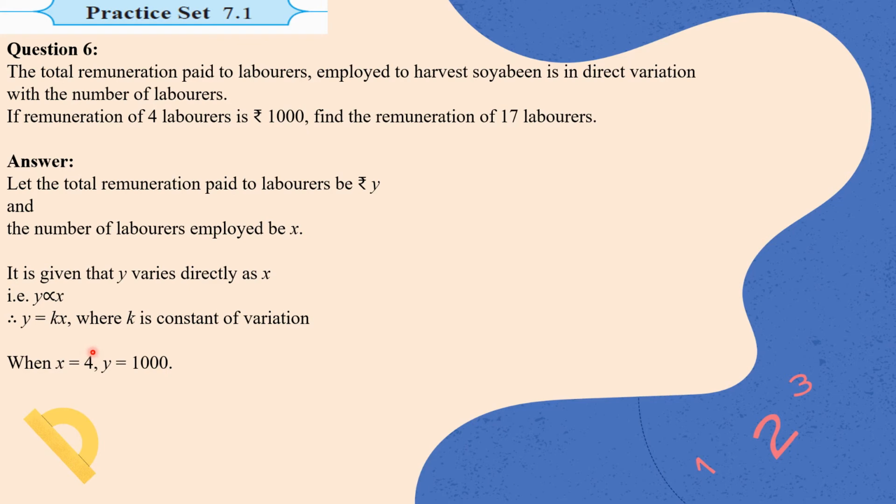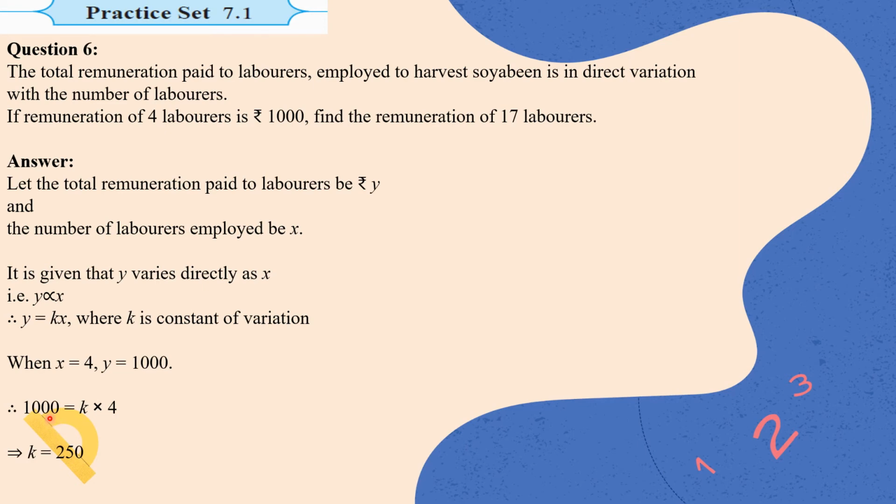Using these two values of x and y, we'll substitute it in our equation of variation and find out the value of k, that is the constant of variation. So we'll substitute y is equal to 1000, x is equal to 4. So we have 1000 is equal to k into 4. Now here we'll divide both sides by 4 to get the value of k.